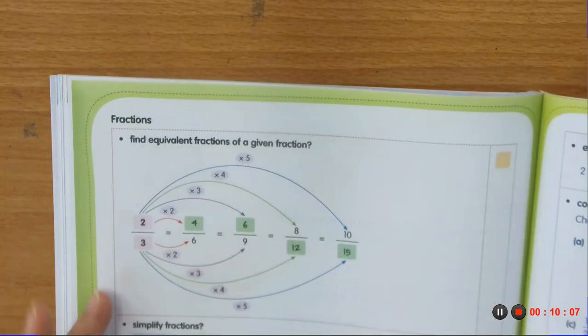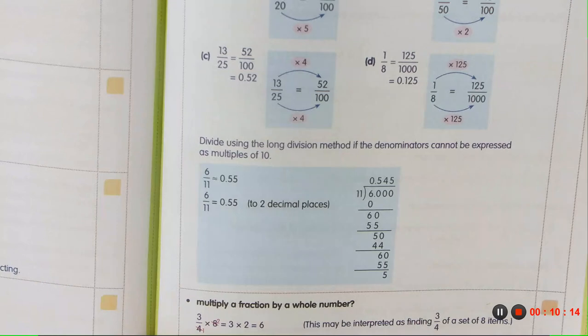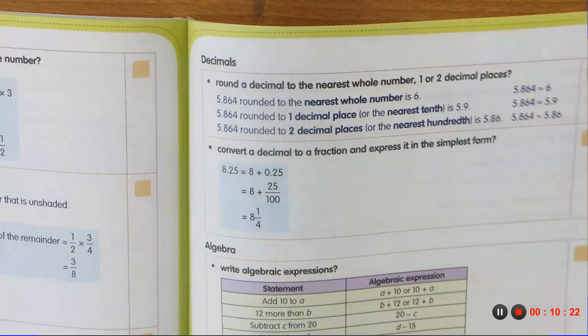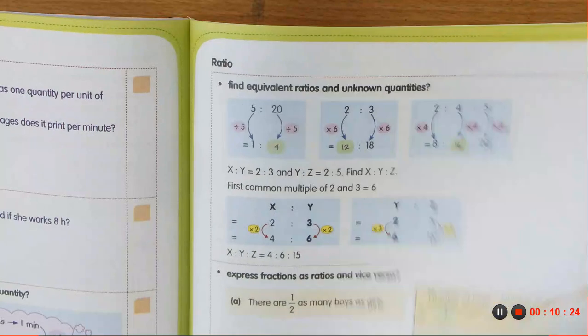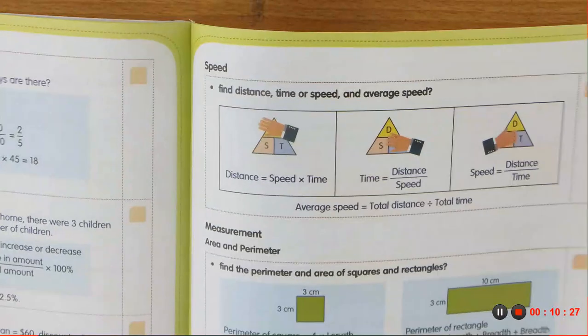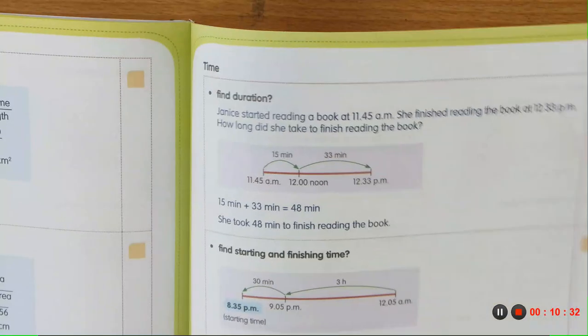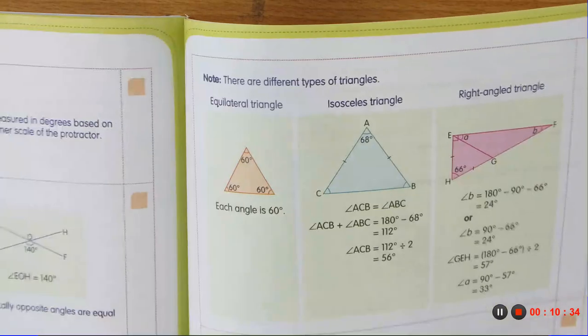Fractions, you have 2 summary pages for all the skills needed for fractions, even examples and steps. Fractions and algebra, decimals, ratio, rates, all here. Even circles are also here. Geometry, it's like a summary page of everything.